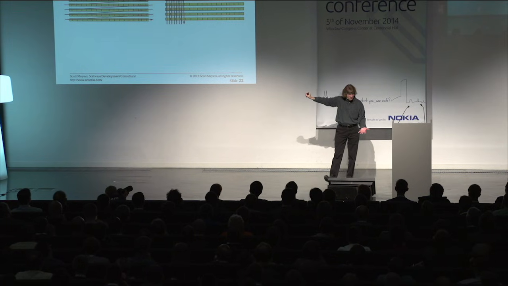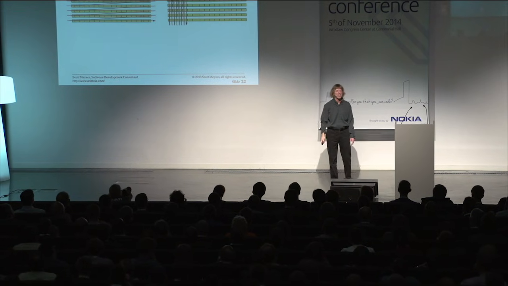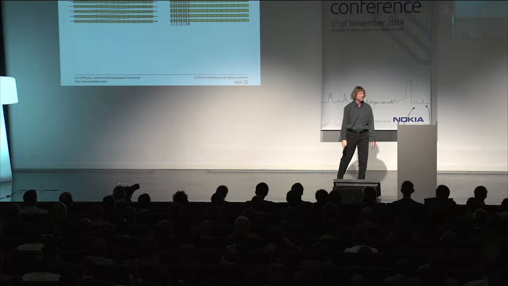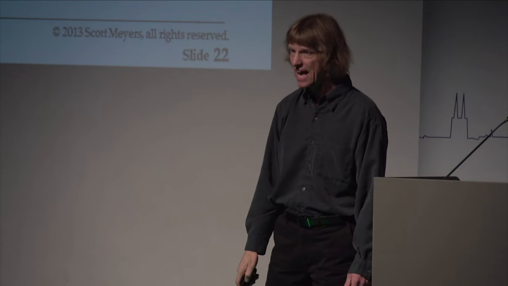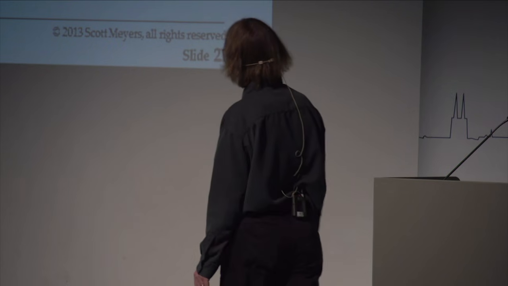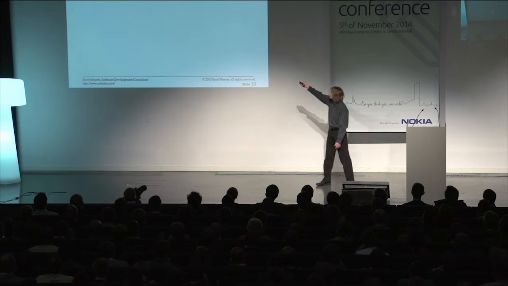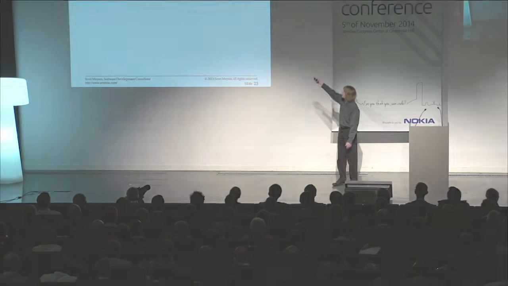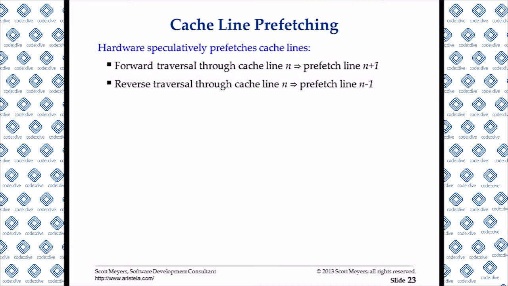And in fact, the hardware is designed to detect patterns of access and to speculatively prefetch cache lines it thinks you might need. So if you do a forward traversal through a cache line of line n, the hardware will start prefetching cache line n plus 1. And it goes in the other direction too.